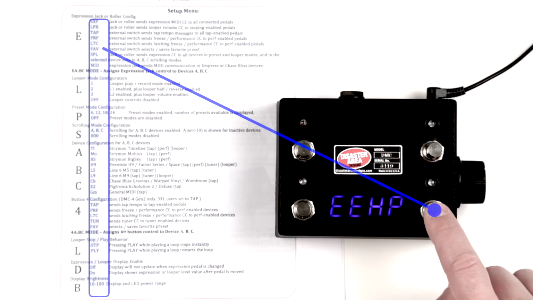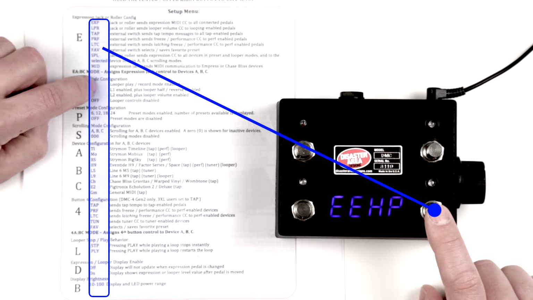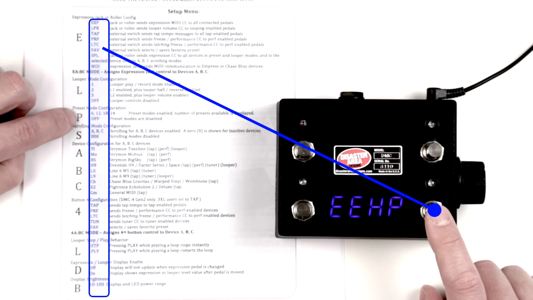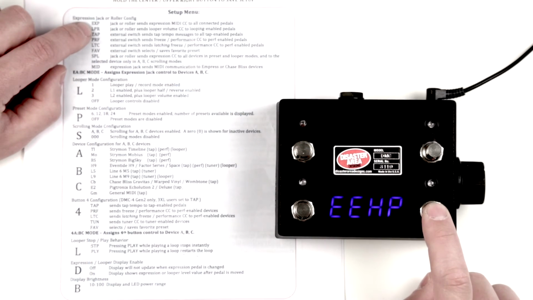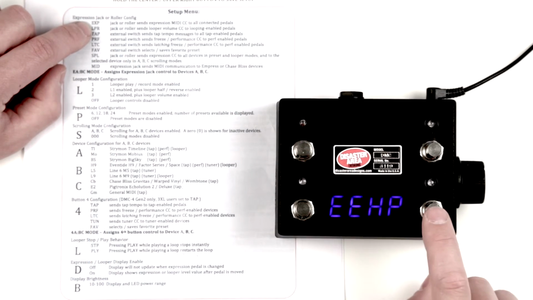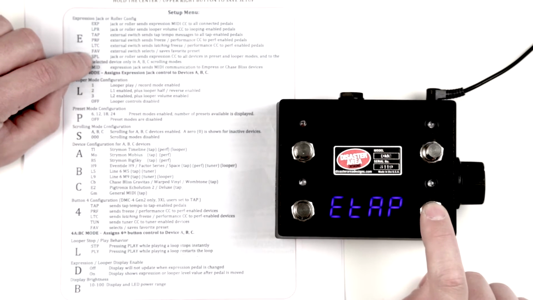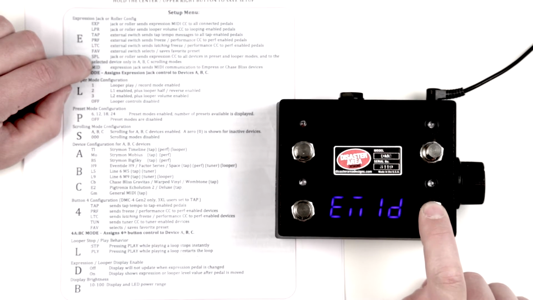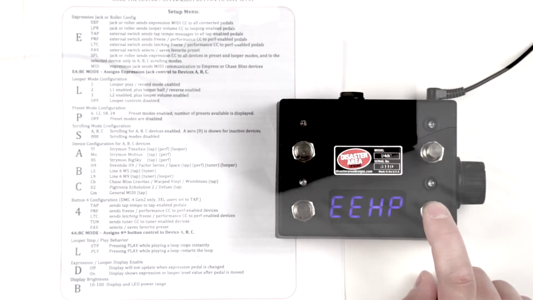Now this right switch cycles through the stuff that is to the right side of the bold letter. So as I press the right switch, it's going to stay in the E, and it's going to cycle through all these options to the right of E. Right back up to expression.